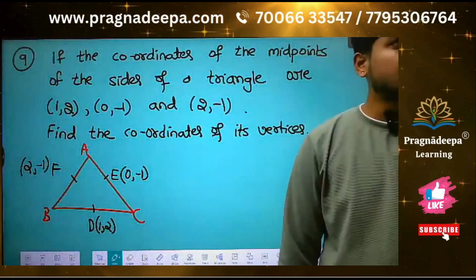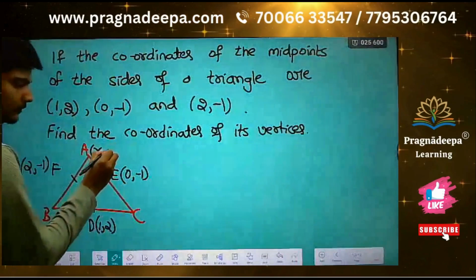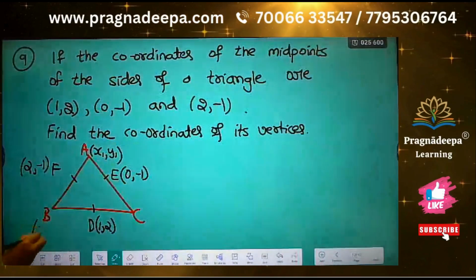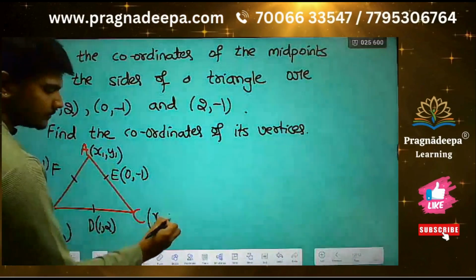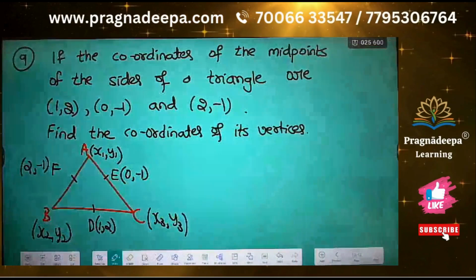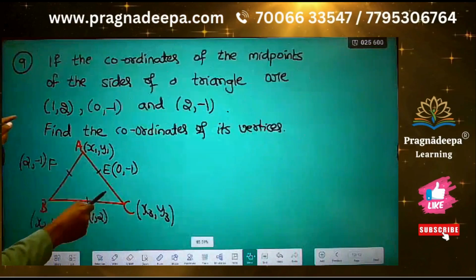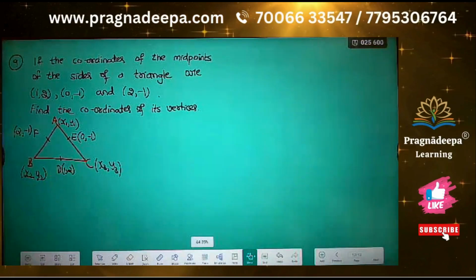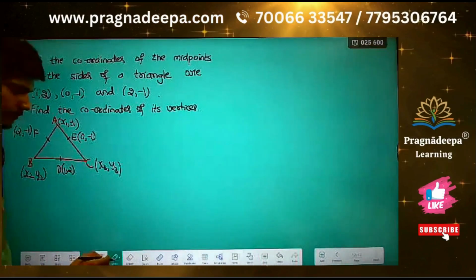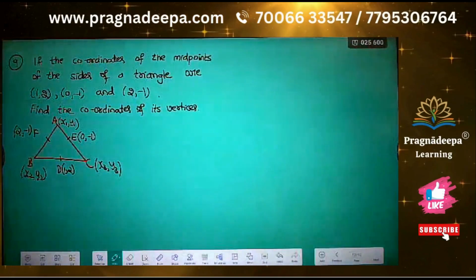Let the coordinates of A be x1, y1. Let coordinates of B be x2, y2, and C be x3, y3. Anybody? How can we find out the vertices of A, B, C?